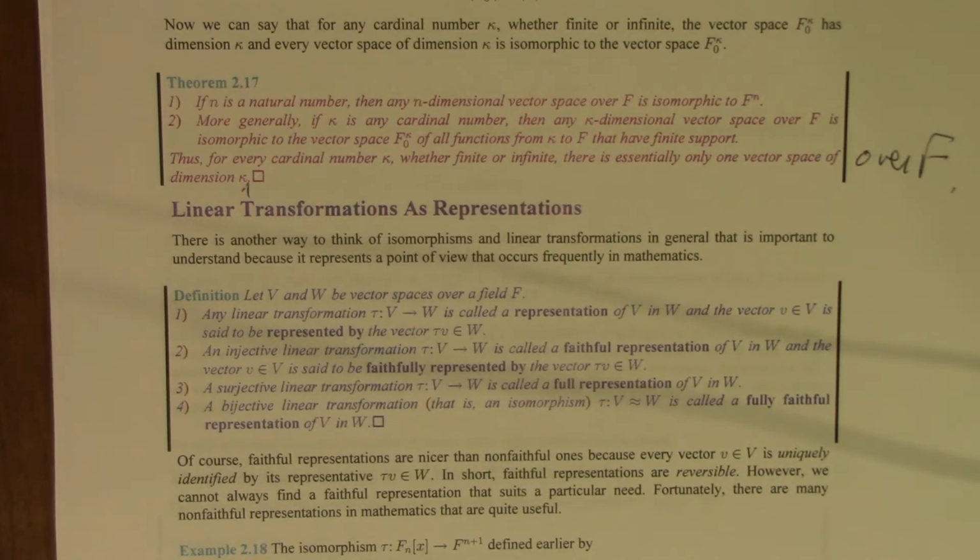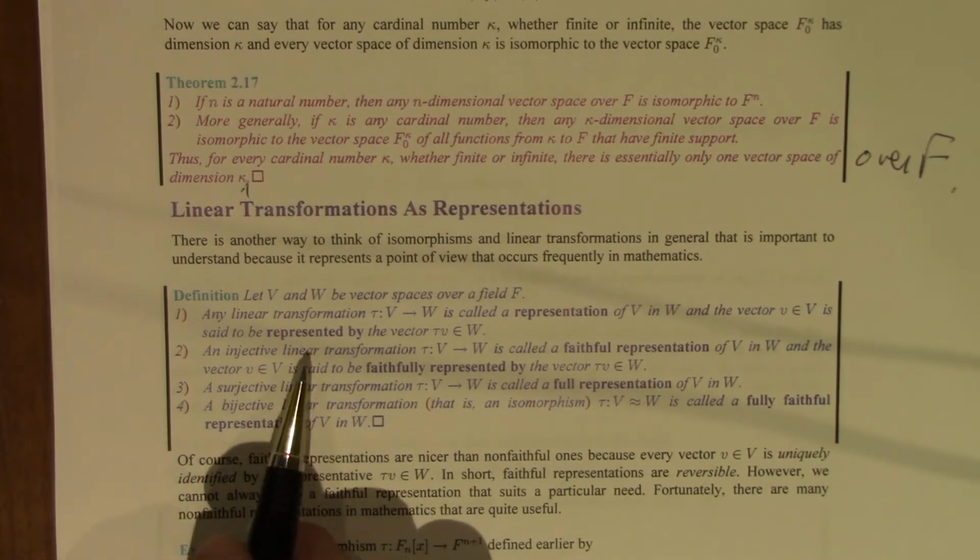This is just another way to look at linear transformations as representations of vectors in the domain using vectors in the codomain. It's a state of mind. It's a point of view.